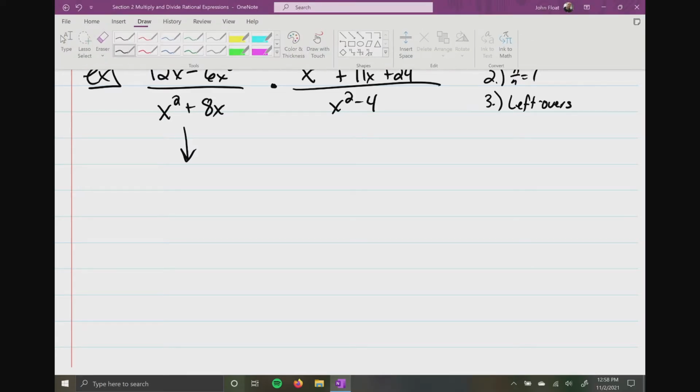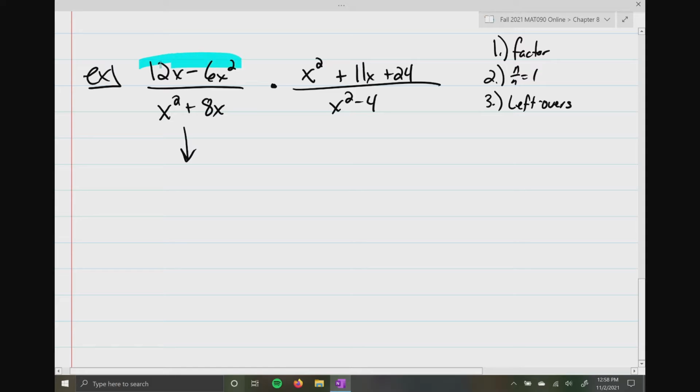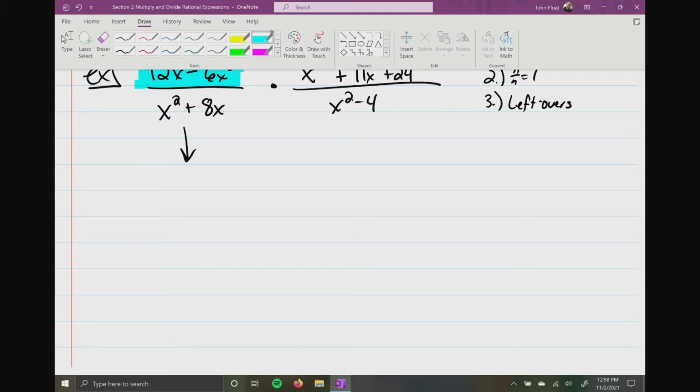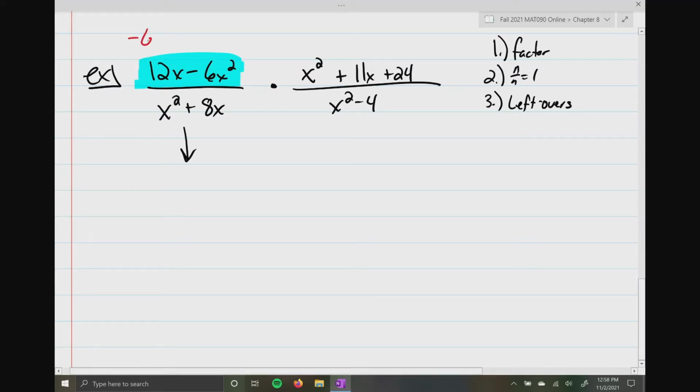So obviously I'm going to highlight so you know exactly where I'm referring to. So that is not in descending order. I wanted to say negative 6x to the second plus 12x.